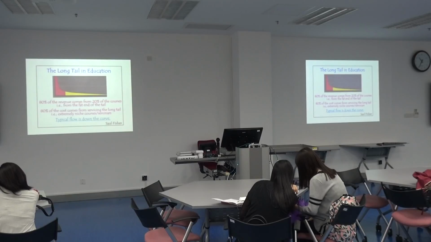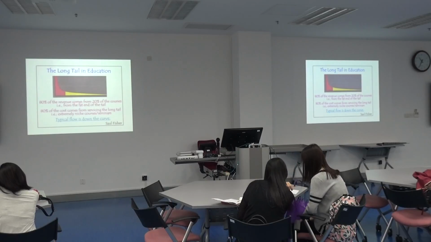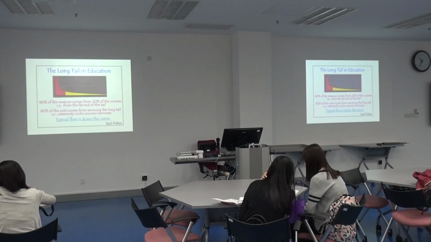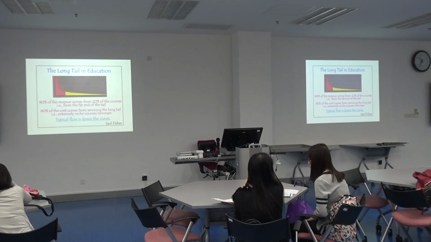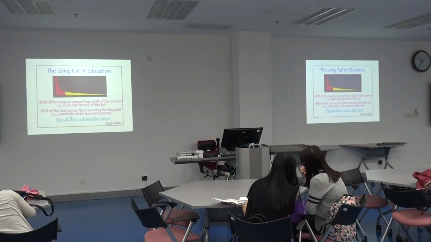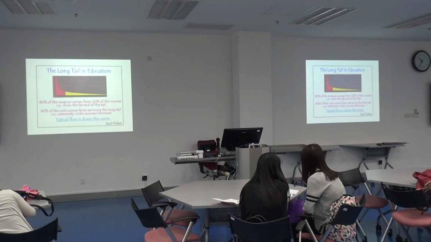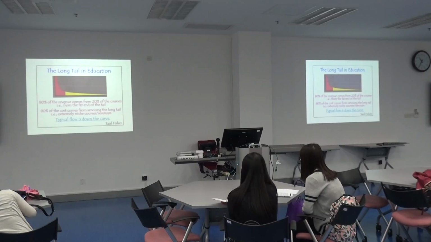So 80% of your revenue comes from the fat part of the tail, and 80% of your cost comes from these very niche research seminars, which is, of course, what makes a university a university. So we have to think about this, because certain types of teaching technologies function in the fat part of the tail in ways quite different from the thin part. And we may want to rethink learning technologies and education technologies in different parts of the tail.